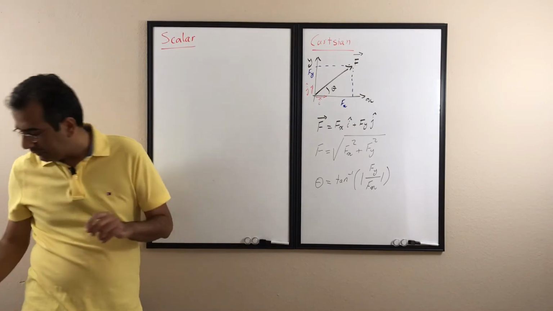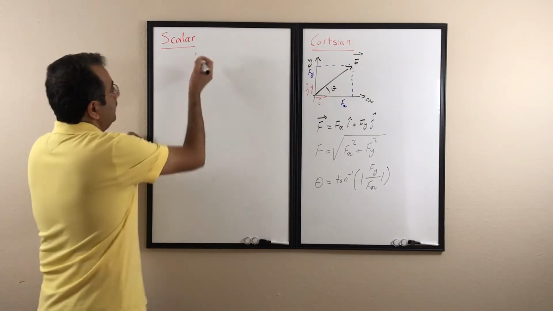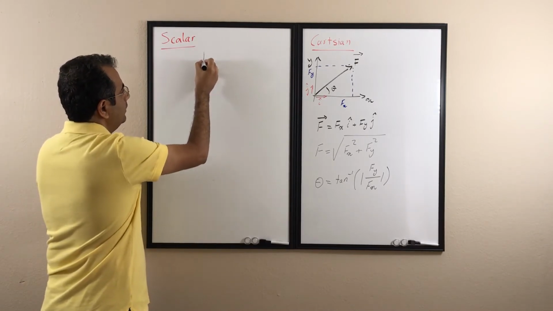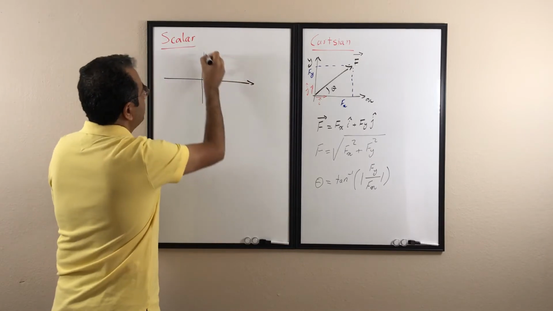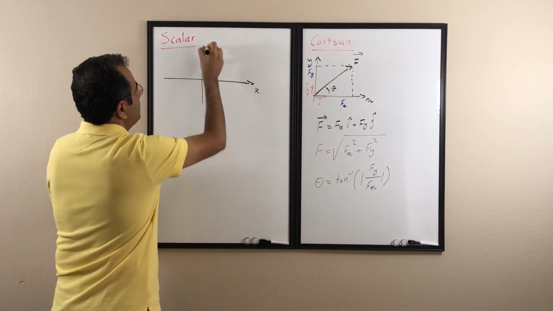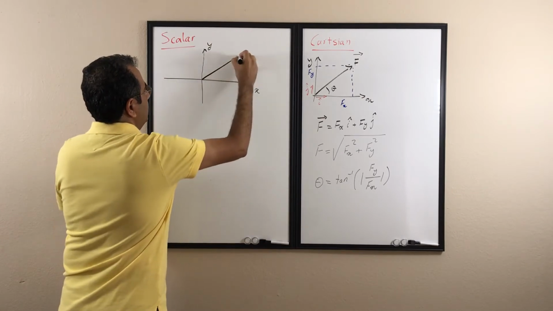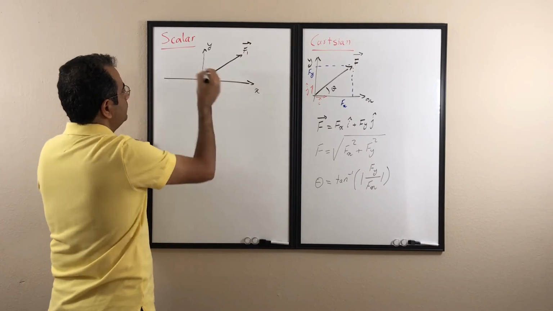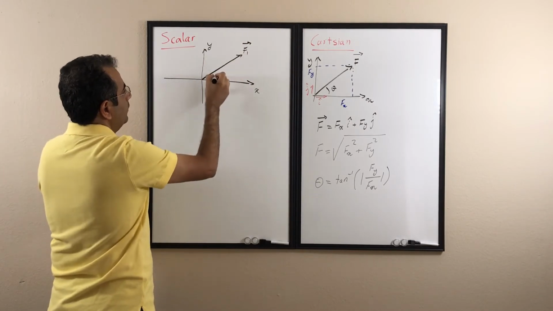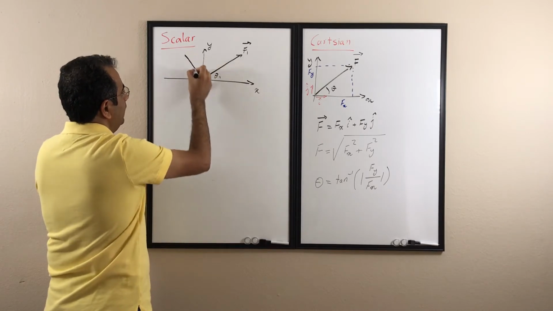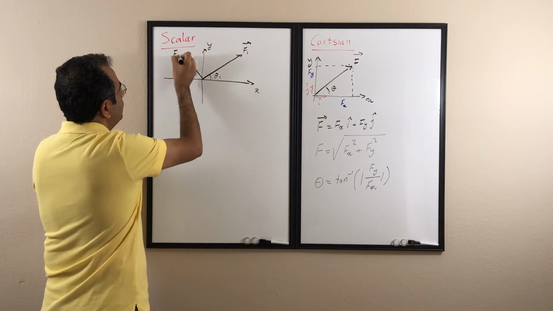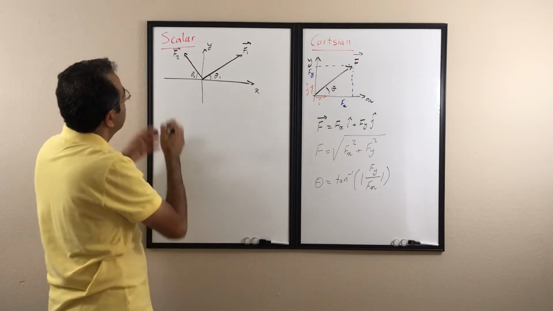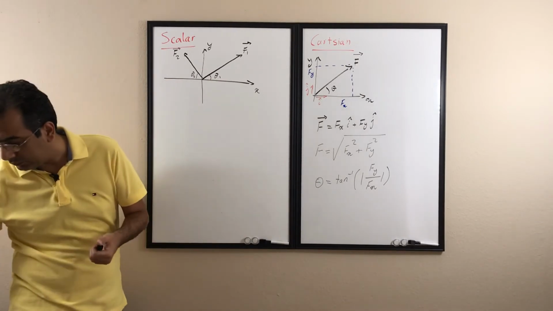So I'll put a very simple example there. Again, first I start with the scalar one and then I'm going to explain the Cartesian one. So we have x and y, and assume we have F1 with angle of theta 1, and we have F2 with angle of theta 2, and want to see if we use the scalar notation, what's going to be the resultant one.